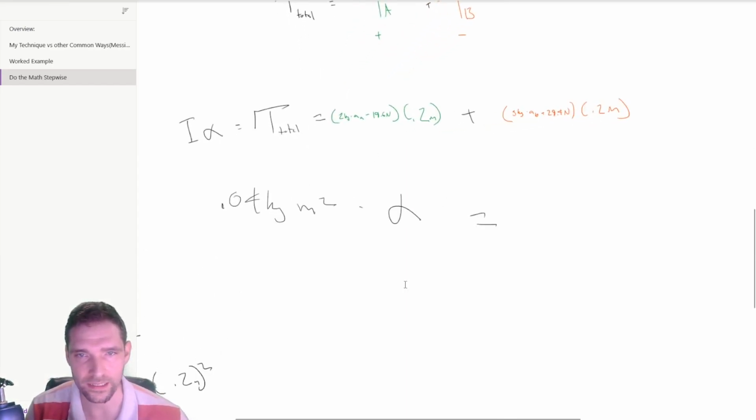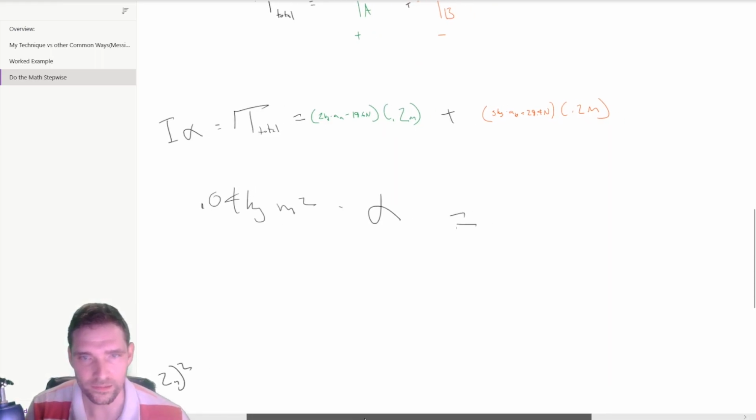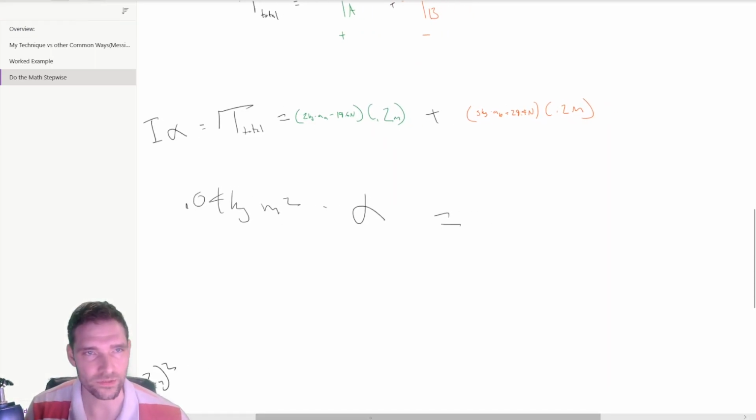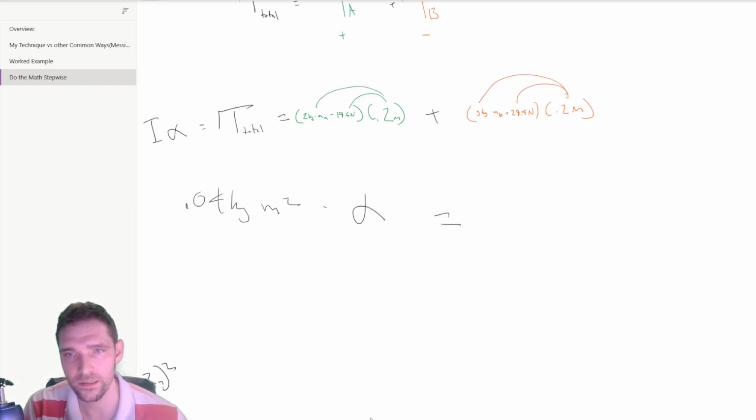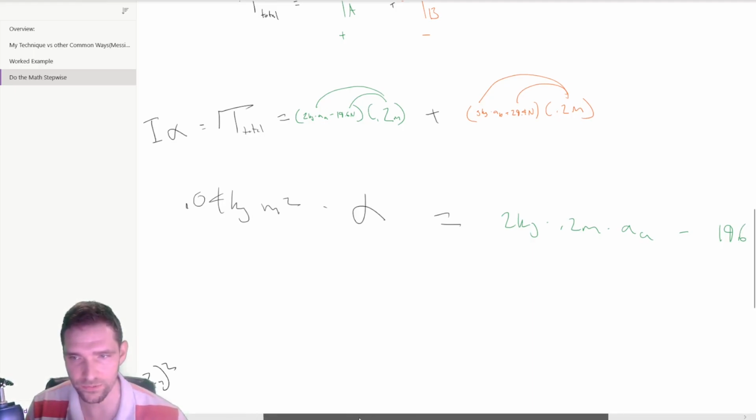And then we've got, looks like this is going to get distributed, the 0.2. So we need to multiply it to both of those things, and same here. And so we've got 2 kilograms times 0.2 meters times the acceleration of A minus 19.6 newtons times that 0.2.